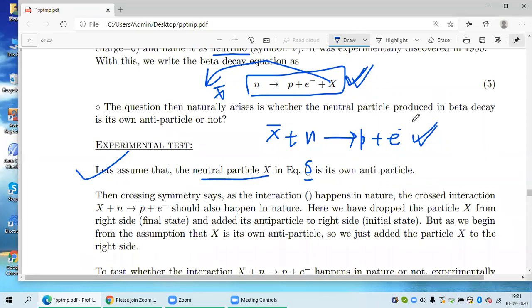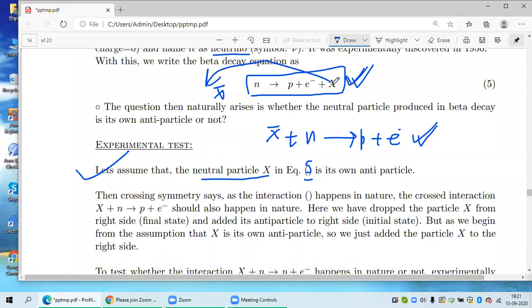Now, if we assume that X is its own antiparticle, that means X bar and X are equal. That means this should also happen because X is its own antiparticle. But this reaction is not seen in nature. That means X is not its own antiparticle. But that does not mean that this will not happen. This reaction will happen.